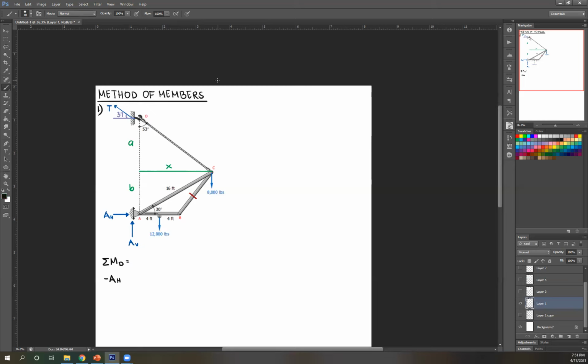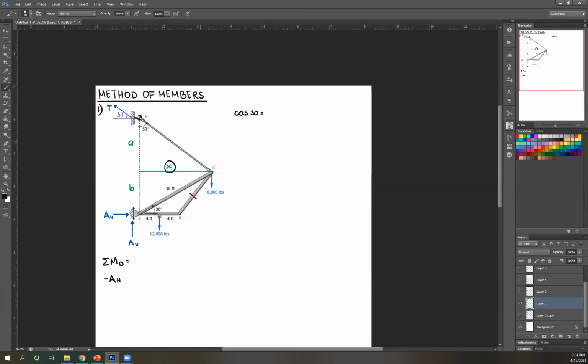So for X, that's easy enough, right? It's just this length right here. And once again, I'm given the angle here, it's 30. Then I'm also given this length, which is 16. I'm given an angle and a hypotenuse. In this case, I'm looking for the adjacent length, so we're going to use cosine. So cosine 30 is equal to adjacent over hypotenuse.